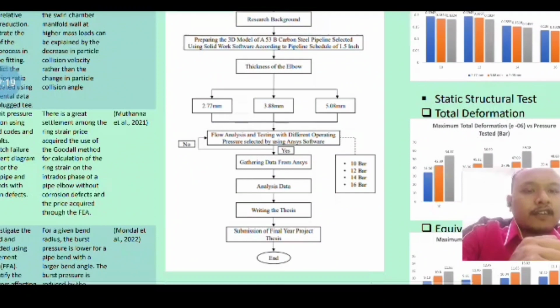After finishing the 3D model, which is drawn in SolidWorks, I proceed with the analysis testing in Ansys software. Then, if the analysis gets done correctly, I will move to the next stage, which is gathering data from Ansys. If not, I will run the simulation again and gain the data again from the beginning.